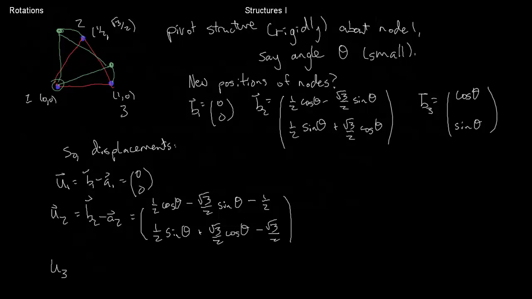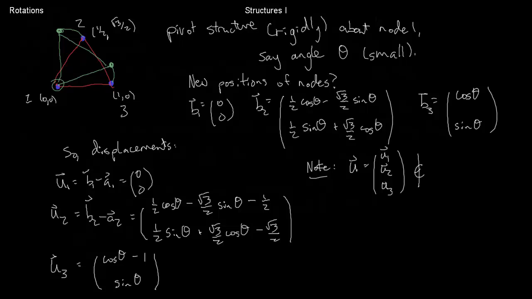So that's the second displacement vector, and the third displacement vector just looks like cosine theta minus 1, comma, sine theta. So what I'm getting at is that if you stack these three things together into one big, tall 6-vector, U1, U2, and U3, that is not going to be an element of the kernel, of the null space of A. And the problem is that I did a linear approximation, and now I'm doing a full, formal, careful, nonlinear rotation.